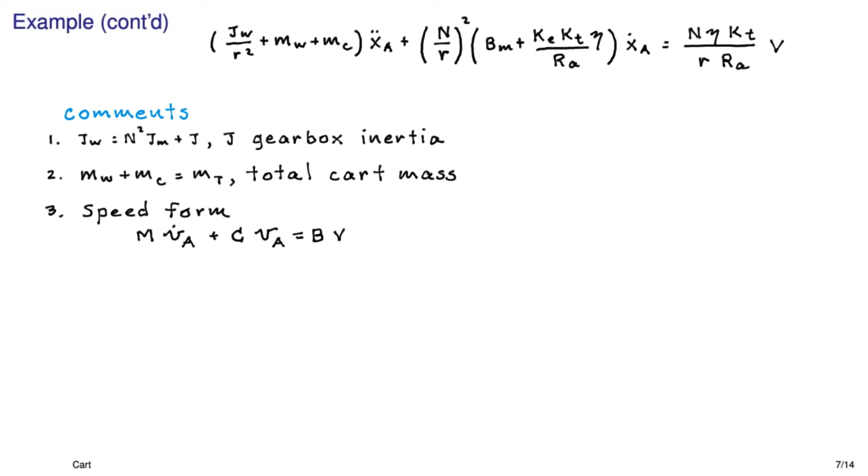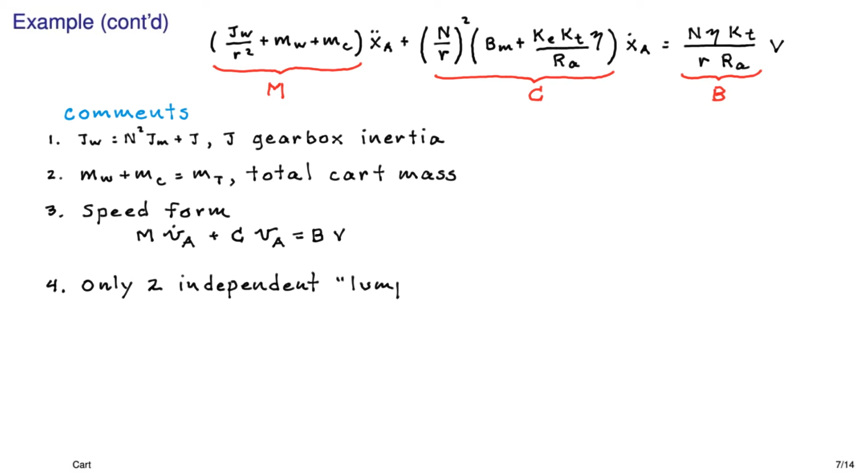Now what's curious is that we can write this differential equation in what I would call the speed form. So XA double dot becomes VA dot, the time rate of change of the velocity of the cart. And the capital V is still the voltage of the motor. Now M, capital C, capital B are these terms. You can think of them as lumped terms. If we know all those parameters, we can calculate these quantities, get numeric values, and stuff them into the equation there by comment 3.